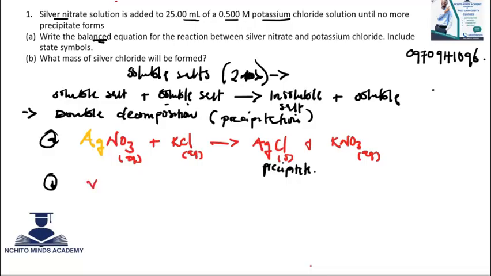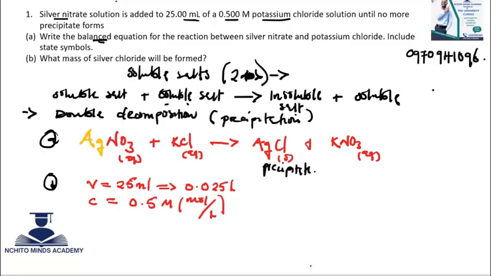The volume of potassium chloride is 25 ml. You need to convert this to liters, so it will be 0.025 liters. And the concentration is 0.5 molar. This molar is the same as moles per liter. How do we find the number of moles? The number of moles of potassium chloride is equal to concentration times volume.